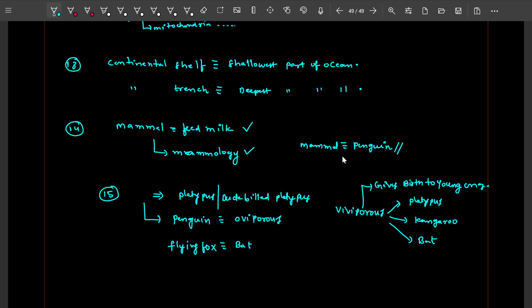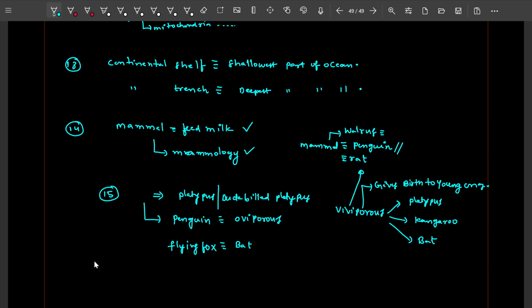Then rat is also a mammal, and rat is also viviparous. And walrus is also a mammal. These are the things you have to remember, and also try to understand these definitions.